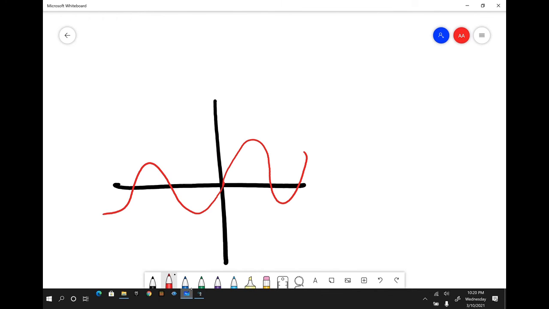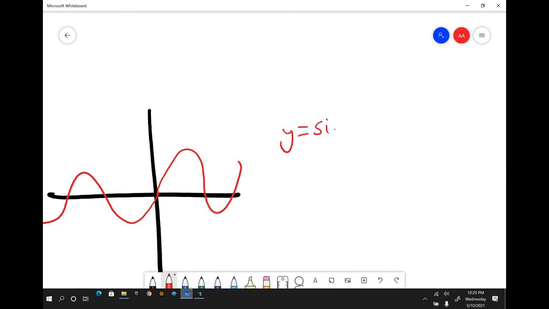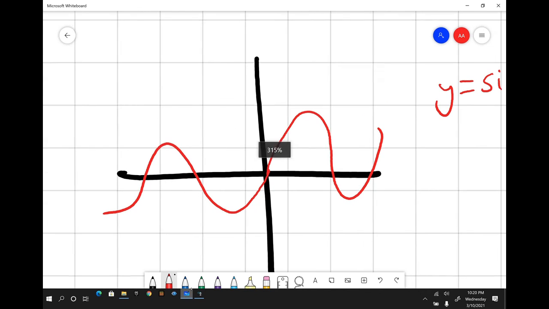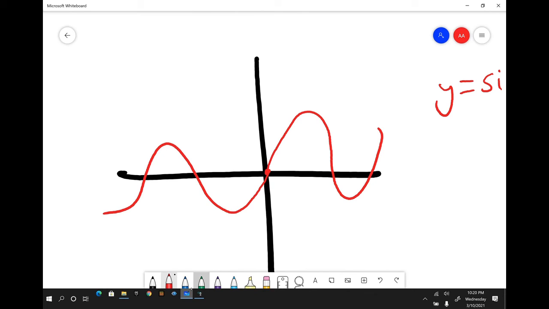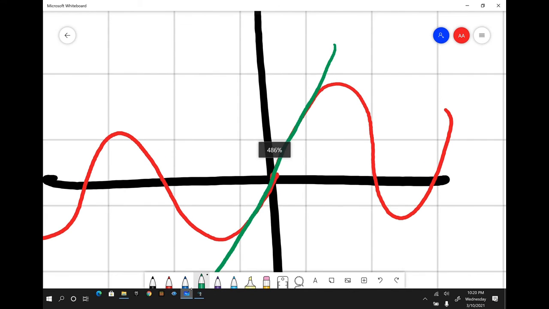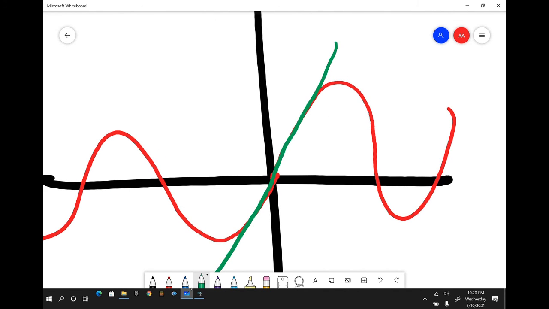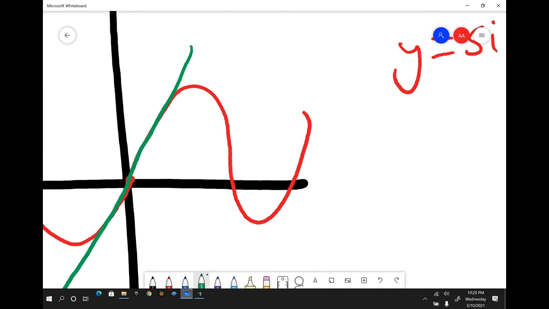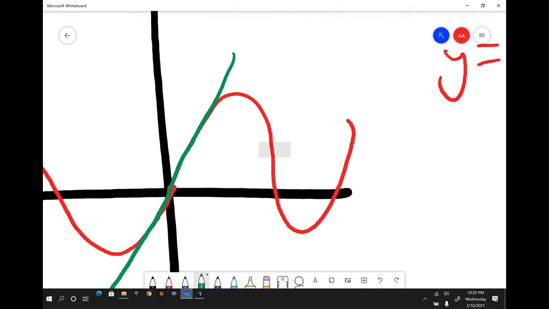We'll have y is equal to the sine of x. And this is all great. But if we draw a y equals x graph very close to it, we can see that these two graphs are nearly identical for very small inputs of x.